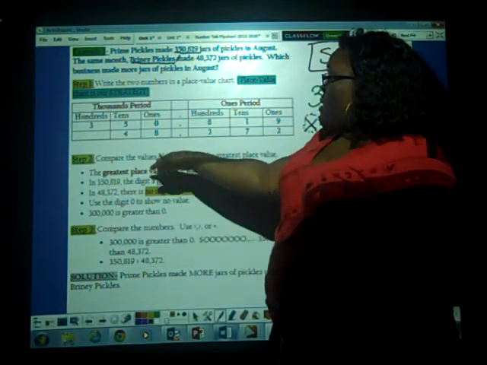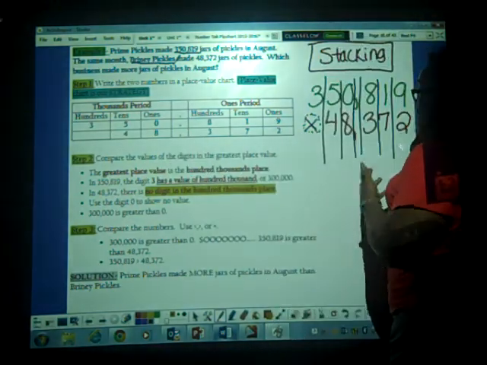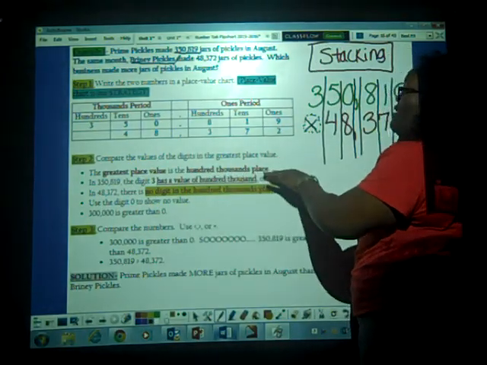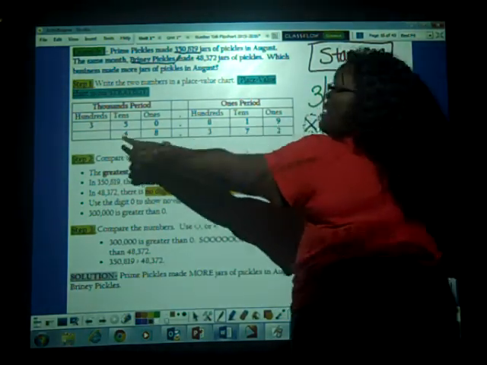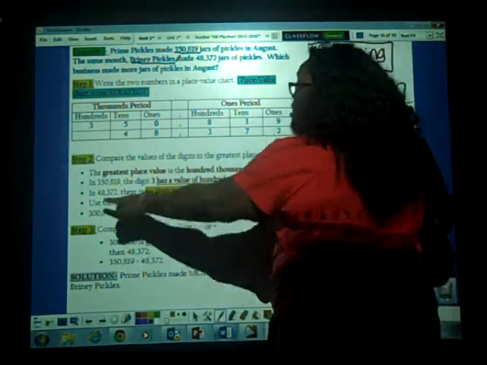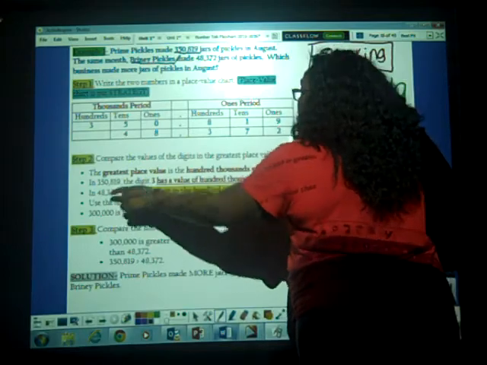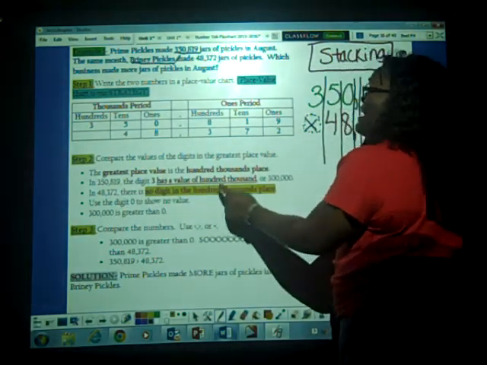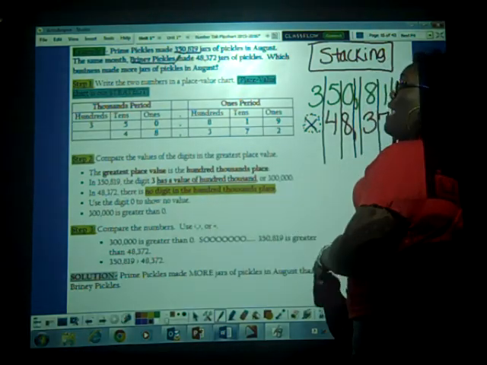So in step 2, you compare the values of the digits in the greatest place value. The greatest place value is the hundred thousands place. We said that. In the number 48,372, there is no digit in the hundred thousands place.